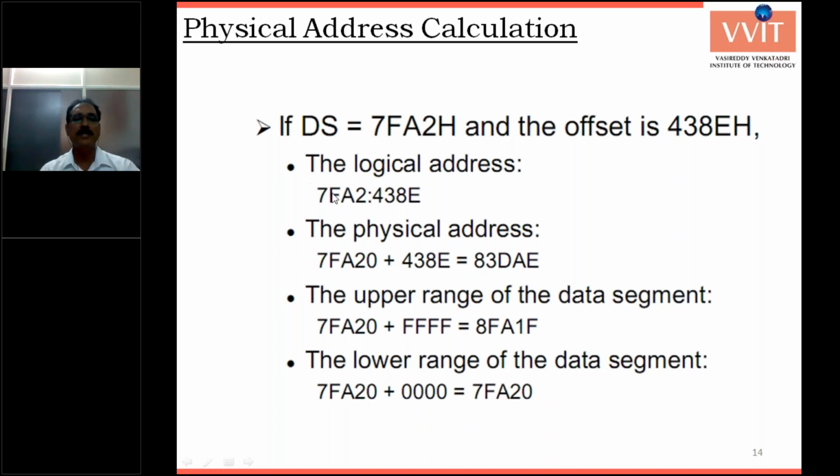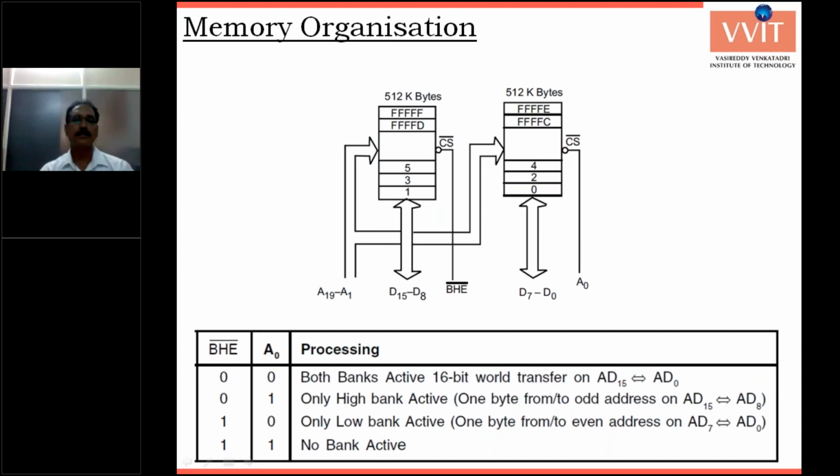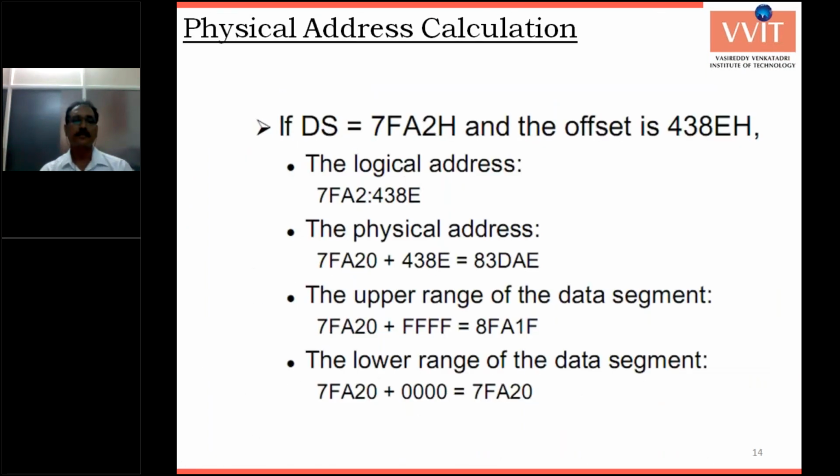From the base, the variation of address is 438E. The base is shifted logically left by 4 bits, or multiplied by 10H.